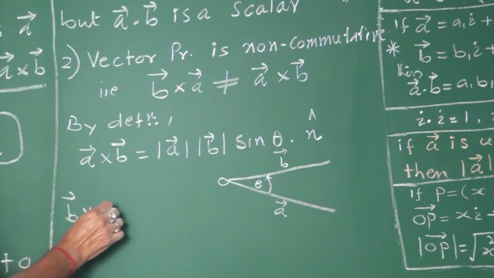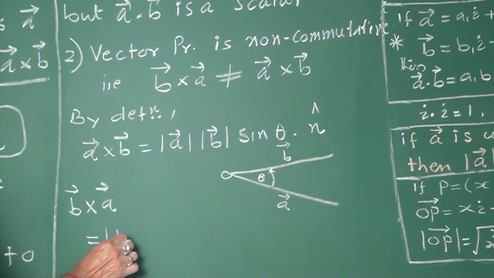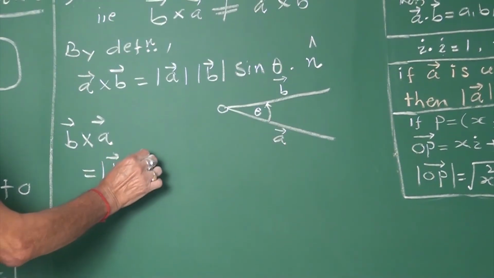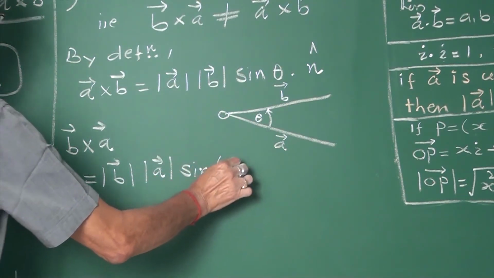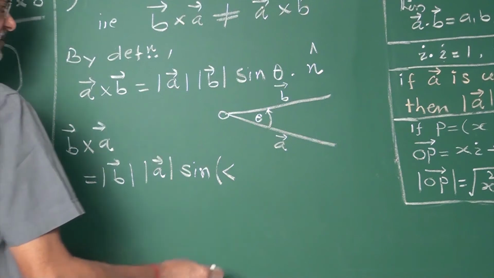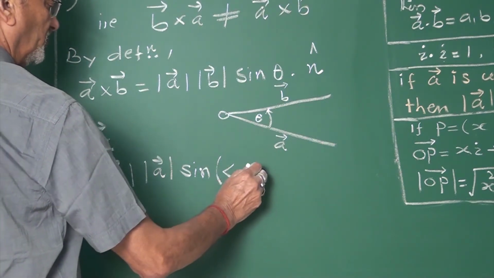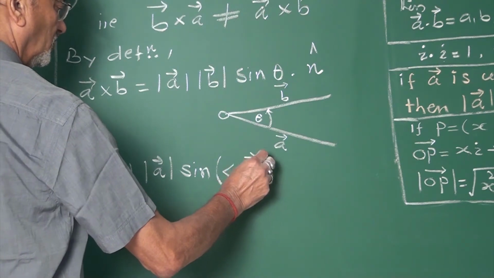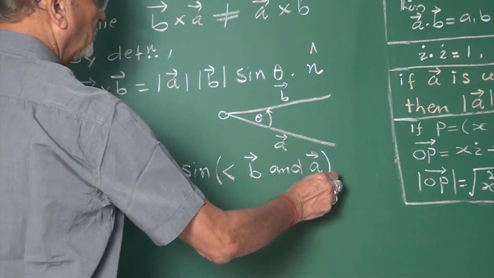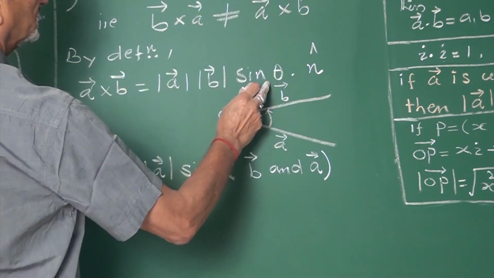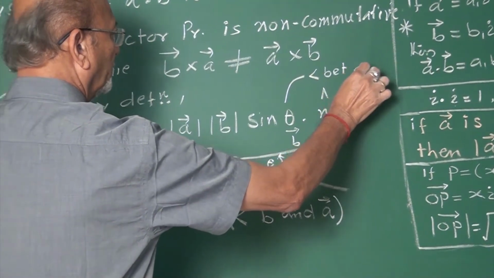B cross A is magnitude of B into magnitude of A into sine of the angle between the vectors B and A. Here, my friends, what is it?